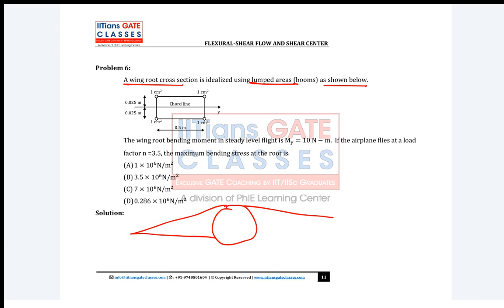There are two wings and this is the fuselage. The entire weight of the aircraft acts here, right? So what will be the lift? It will be L by 2 on each wing. You guys are understanding? This is the idealization.